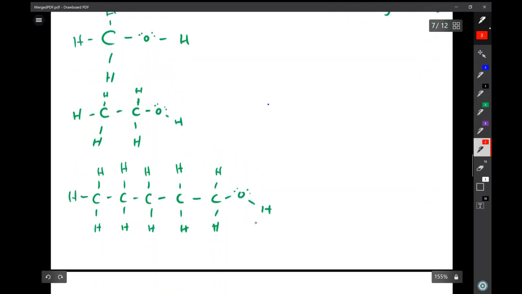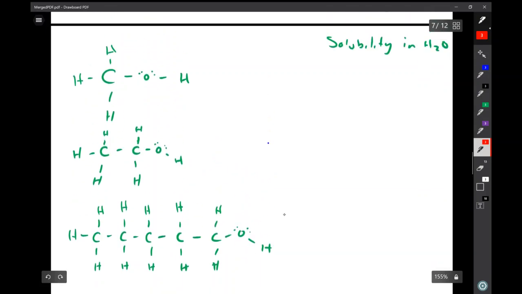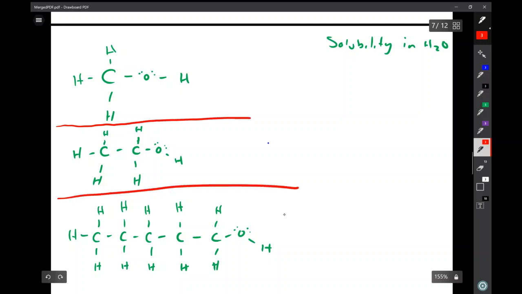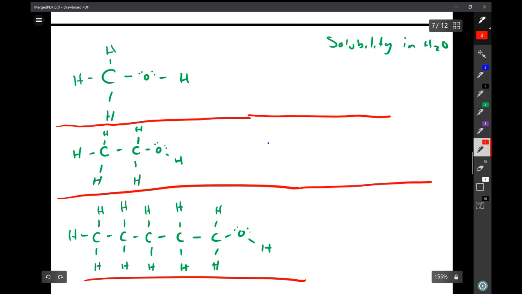Alright, here's a good question I found before. I've got 3 different compounds here. We separate these. There's 1, there's 2, and there's 3. Alright, so this is called methanol.